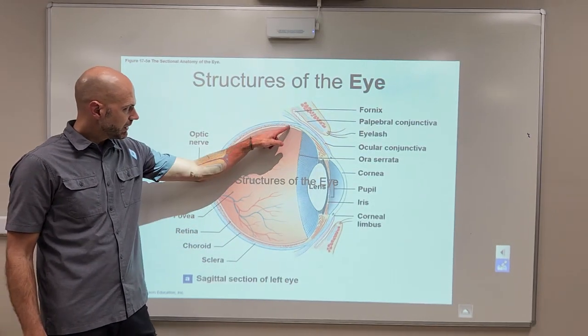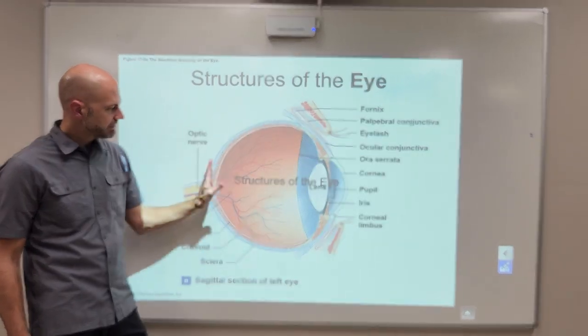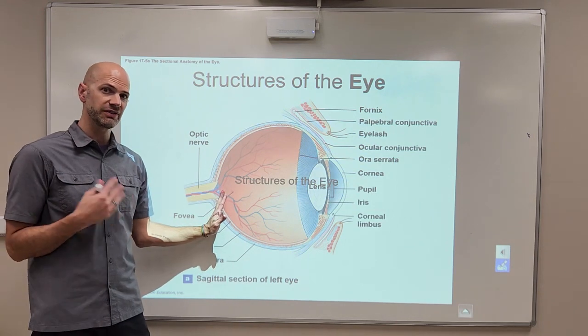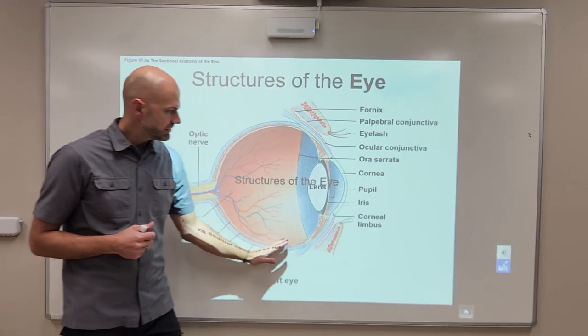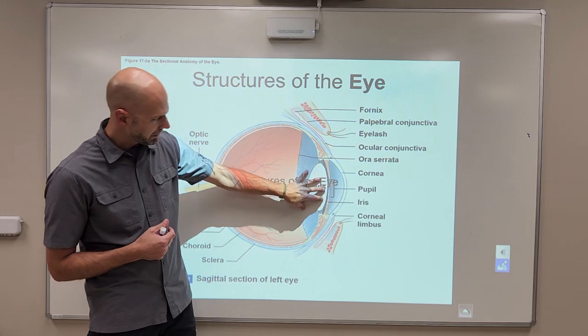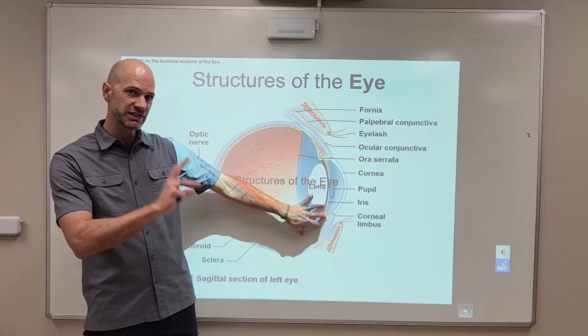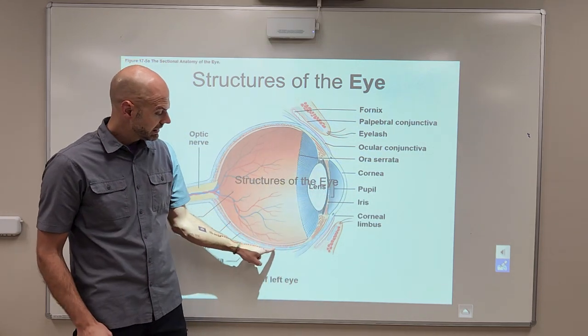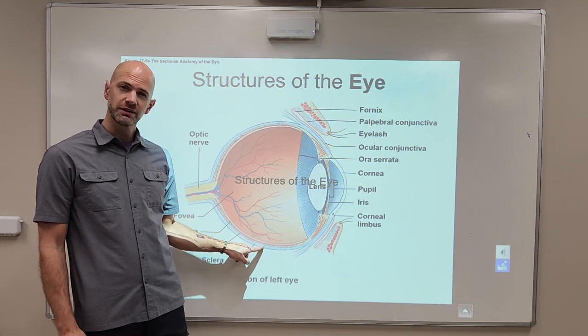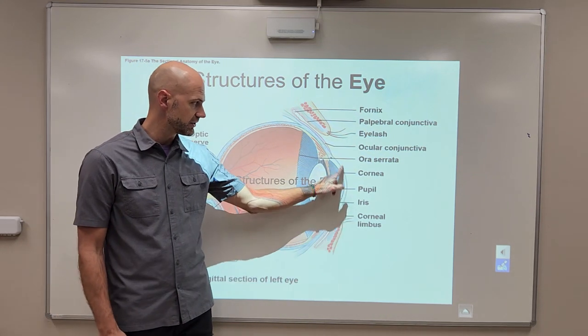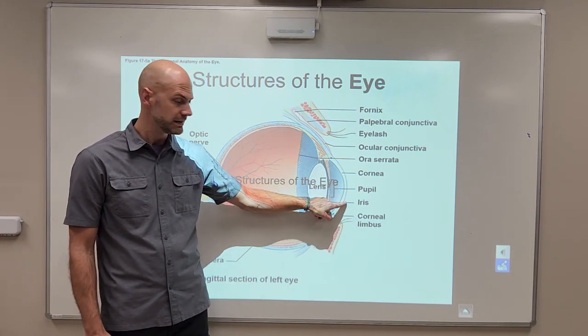Around the tops and sides and back of the eyeball, those layers are very easy to distinguish. As we get to the front here, things get a little bit messy, but those layers are still in place because the fibrous tunic, or the outermost layer, becomes the cornea. So we'll talk about the cornea.